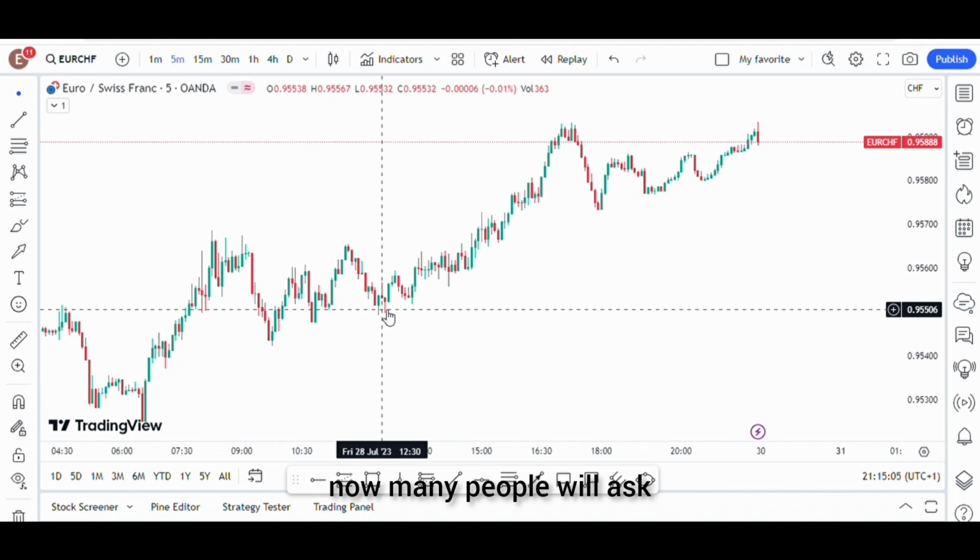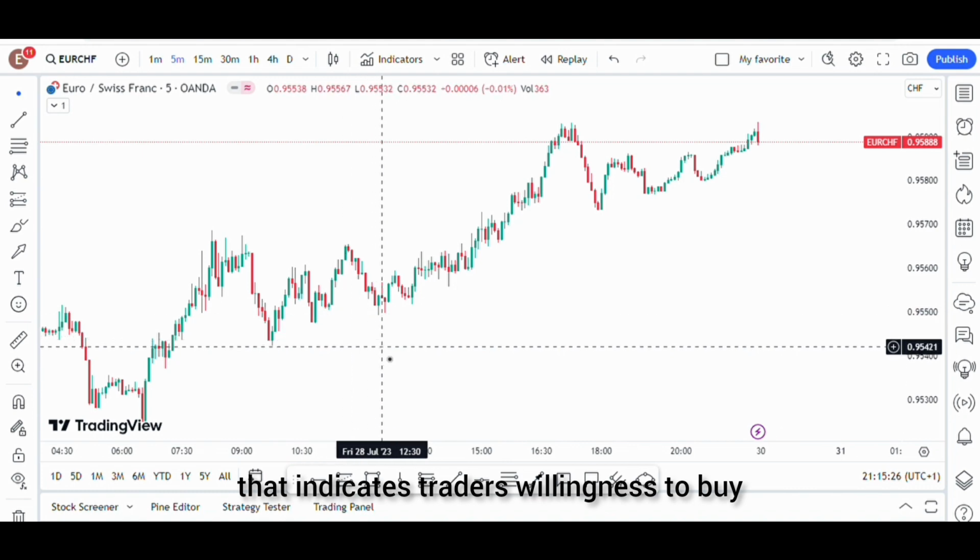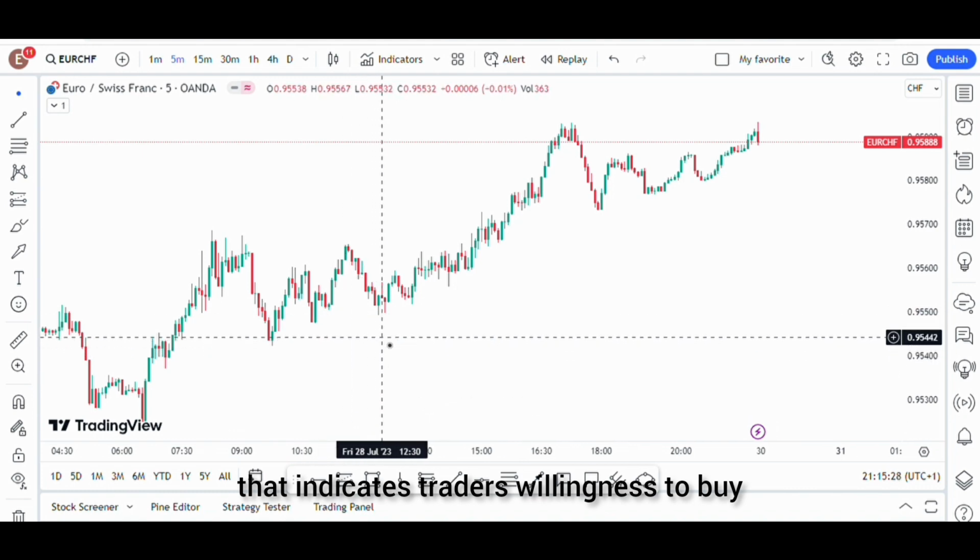Now many people will ask, what is support and resistance? Or rather, what are support and resistance levels in forex trading? Now I will say that support is the area on the price chart that indicates traders' willingness to buy.